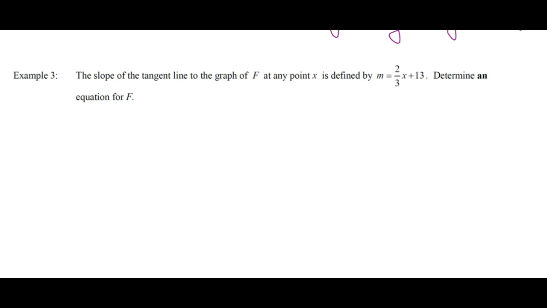Determine an equation. That's a significant word in there, an equation. So what do we know? We know that f prime of x is equal to 2/3 x plus 13. So figure out f of x, write it down. We'll check and make sure, but you should do this on your own.